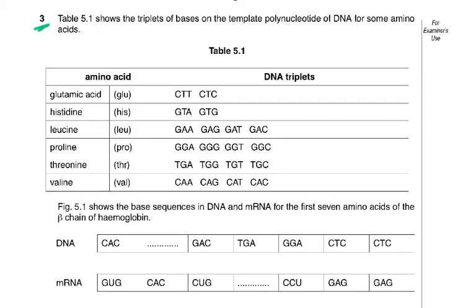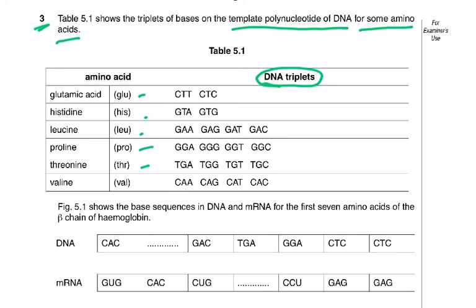Now coming to question number 3. Table 5.1 shows the triplet of bases on the template polynucleotide of DNA for some amino acids. So glutamic acid, which you write just glu, histidine his, leucine leu, proline pro, threonine thr, and valine is val. So they're giving you the DNA triplets which code for the same amino acid. So glutamic acid can also be coded by CTT or CTC.